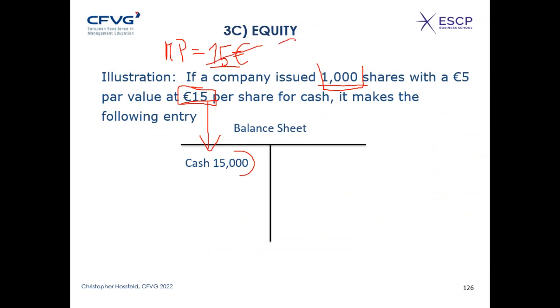So that means if the market price today is 20 euros, then it makes sense to propose the new shares for 15 euros because there's a 5 euro discount. That's a 25% discount compared to the current market value. And that may attract enough people so that I can sell my 1,000 shares, cash in 15,000.